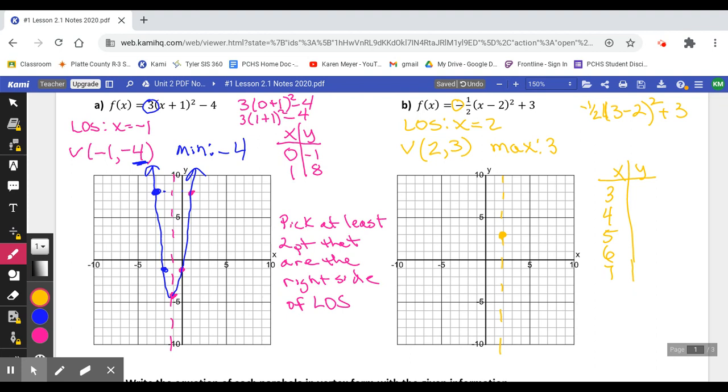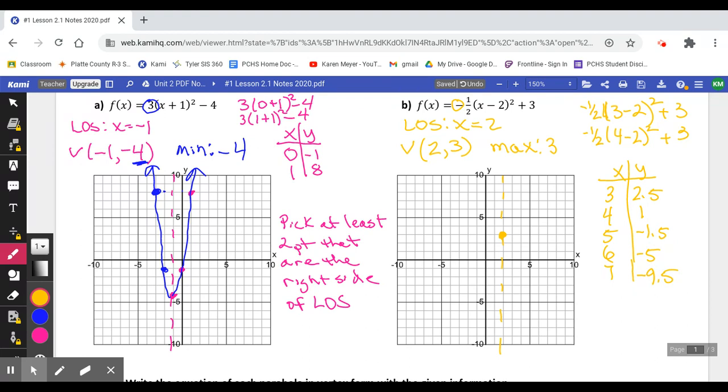And if you type that in your calculator, you get 2.5. Then I would do -1/2 parentheses 4 minus 2 squared plus 3. That gives me 1. And so forth. I did some more, and I came up with -1.5, -5, and -9.5.